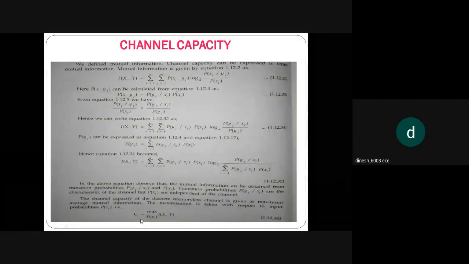as the maximum average mutual information. You see this equation, this is your maximum mutual information. This maximum mutual information that is obtained can be given as your channel capacity.